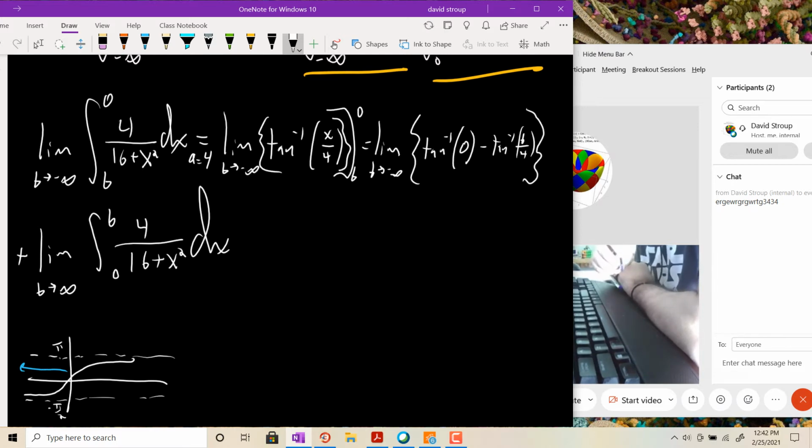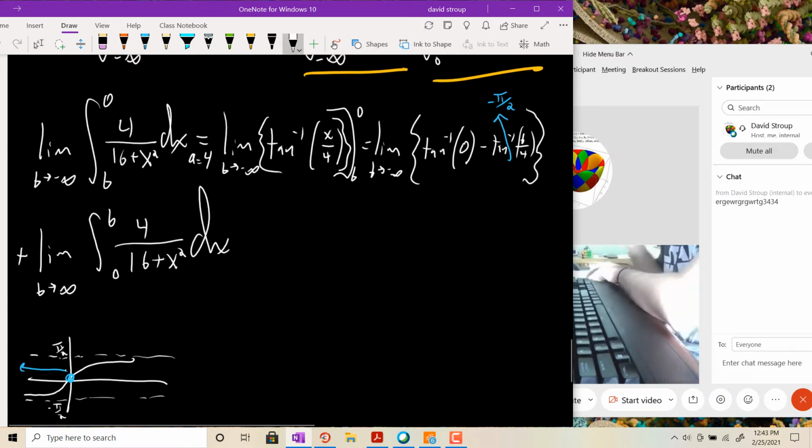That top asymptote is pi over 2. But as we go towards negative infinity, this thing will shoot off to negative pi over 2. Tan inverse of 0 is just 0. You can say it's that point right there. And then what you get is, of course, negative pi over 2, which is pi over 2.